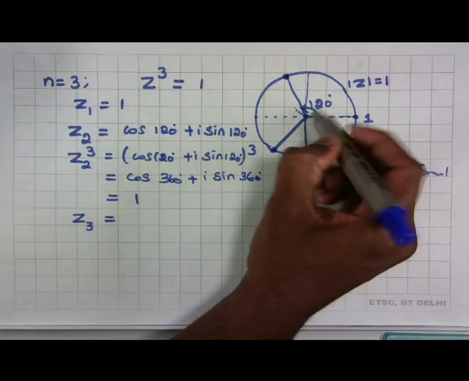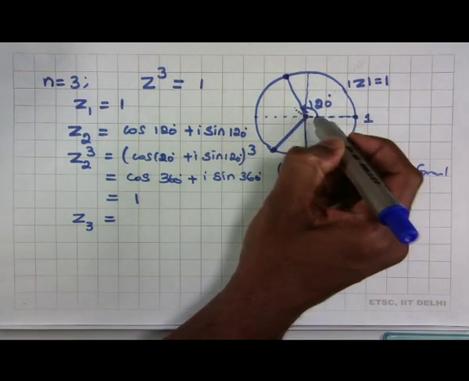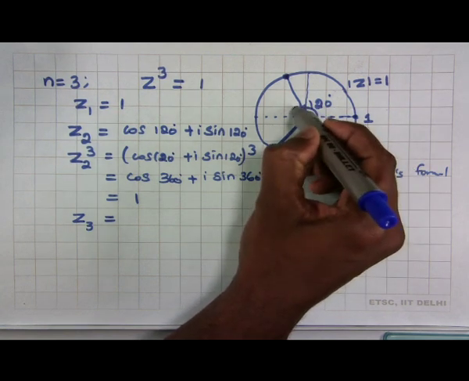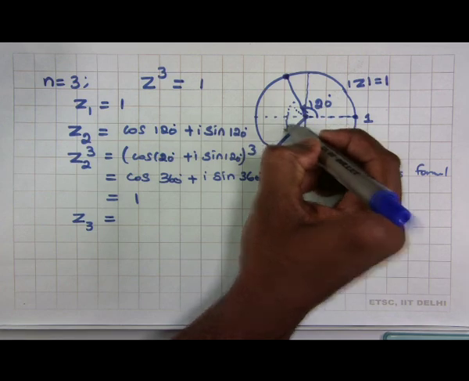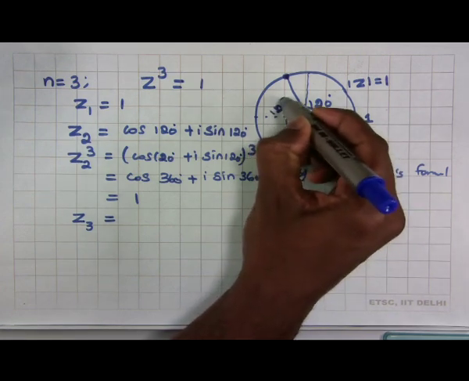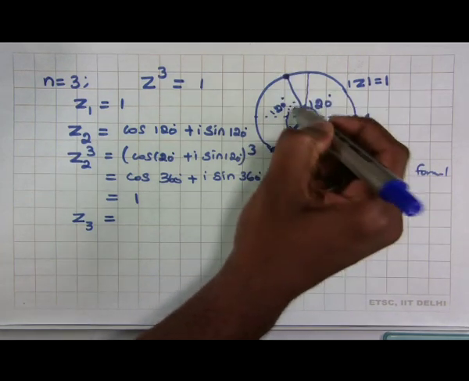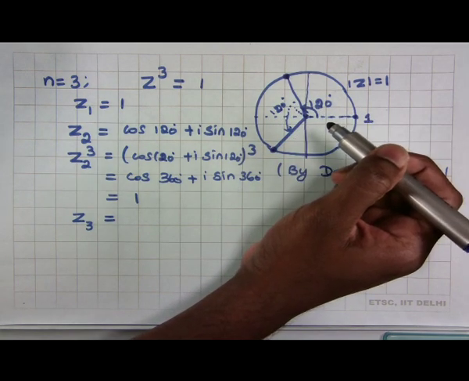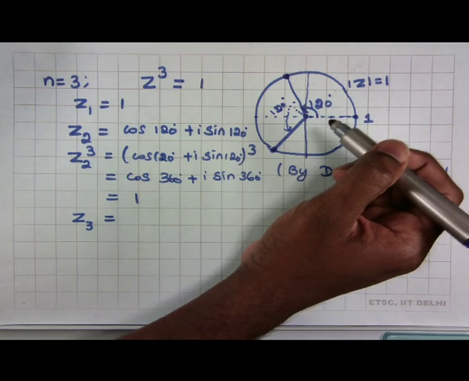If you remember how we were getting it, the angle was equally divided, which means you add one more 120 to this particular line, and if you recall, the angle sum happens when you are multiplying.